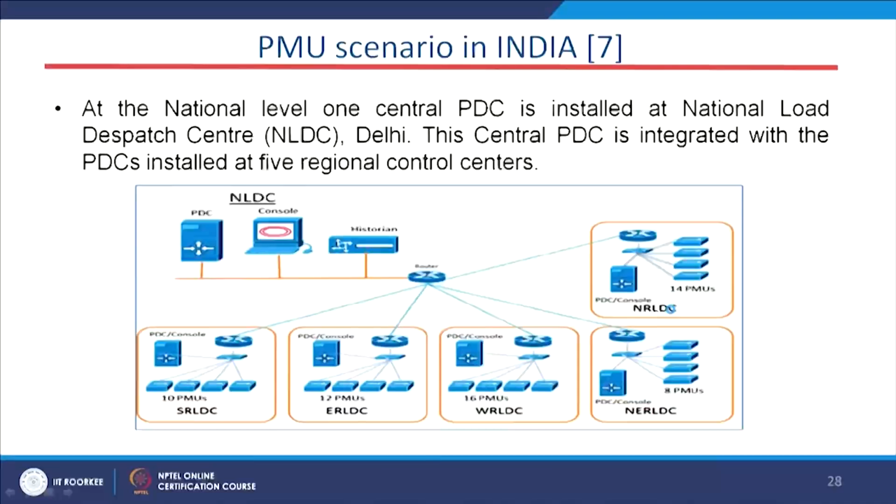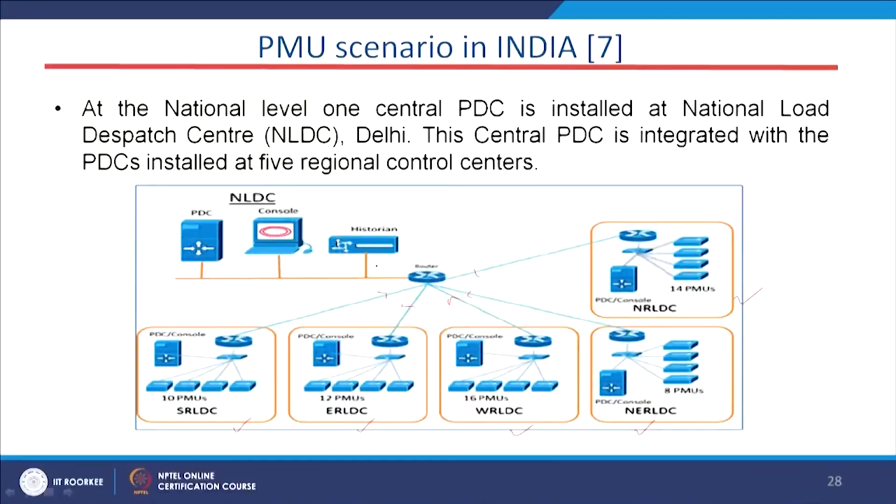Now I will discuss the PMU scenario in India. We have different load dispatch centers: SRLDC, the southern region load dispatch center, this is our eastern region, this is western, this is northeast, and this is the northern region. We have a total of 5 load dispatch centers, and at every load dispatch center we have a PDC, phasor data concentrator station, and from there the data are passed to our national load dispatch center, where we have a national PDC.